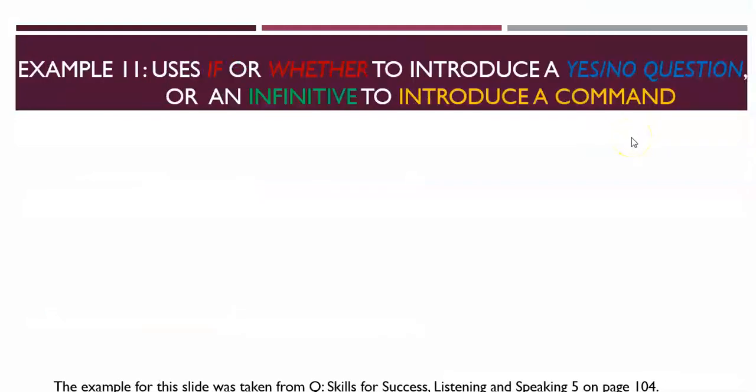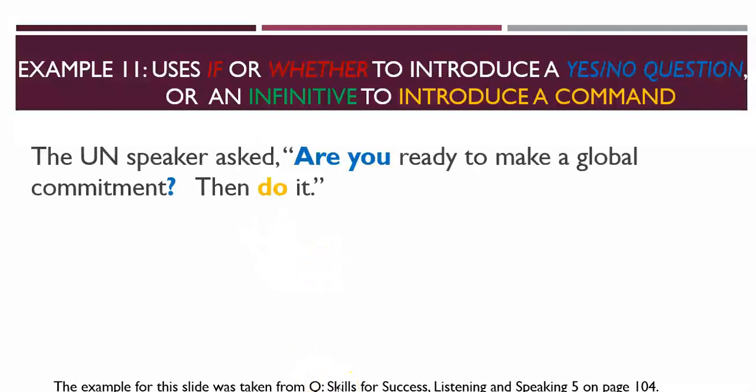The last one is, when somebody is asking a yes or no question, you use if or whether to introduce that question. And when somebody uses a command, you use an infinitive to introduce that command. So for example, we have our sentence, the UN speaker asked, are you ready to make a global commitment? Then do it. So when we report this to somebody else later on, we need to change it.